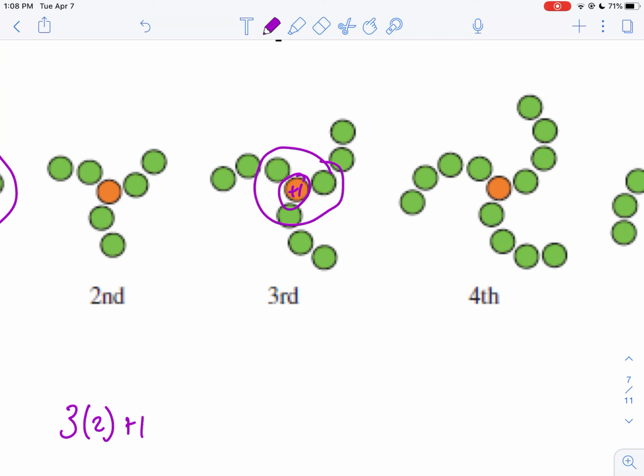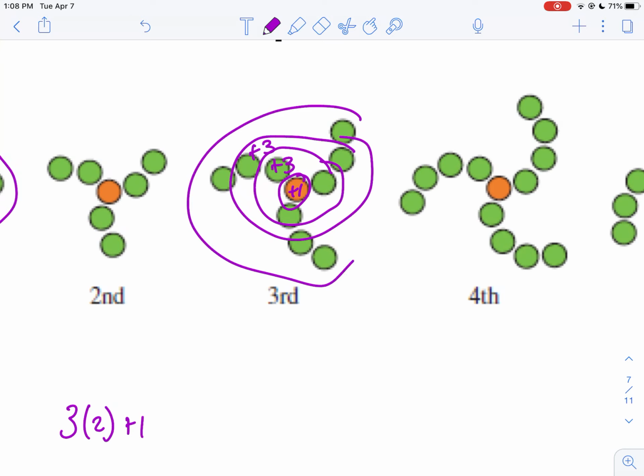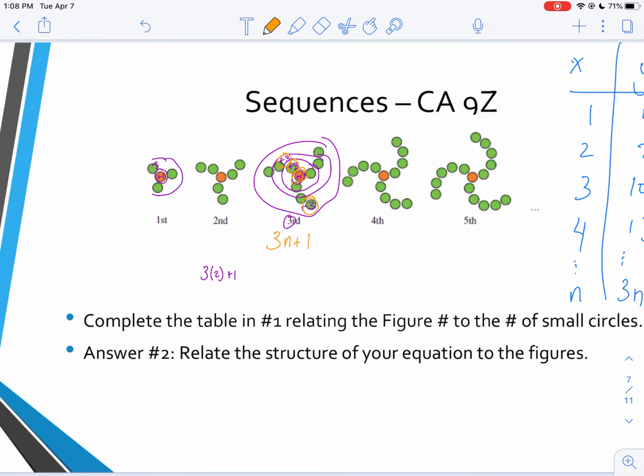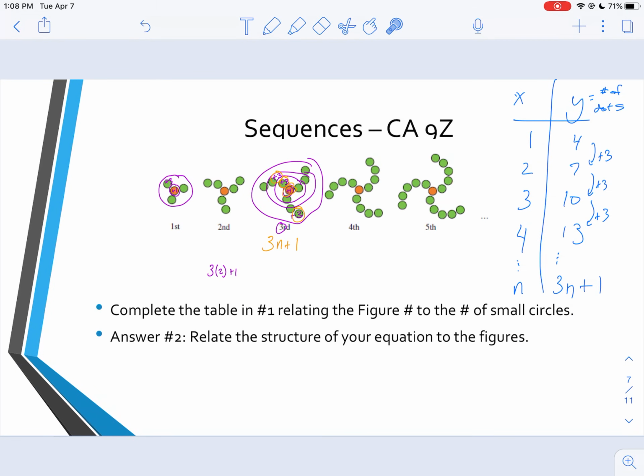If I skip ahead a bit, 1 in the middle, plus 1, another circle of 3, another circle of 3, another circle of 3. Sorry, my circles got a little crazy there. But you can see I have 3 circles of 3 right here. 1, 2, 3, plus 1 center. So that gives me 3n plus 1.